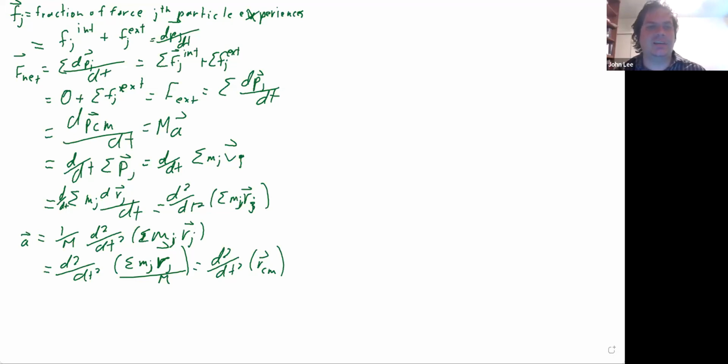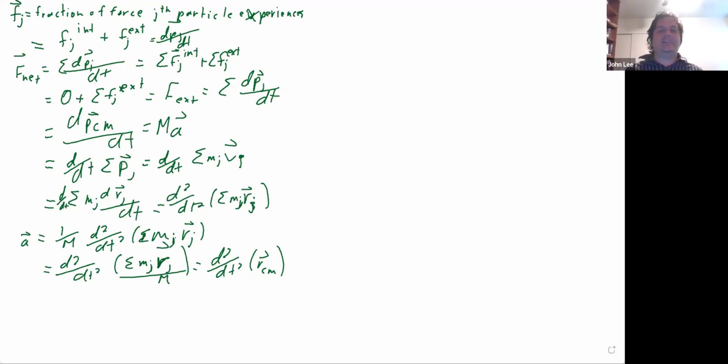So this is interesting, I think. This is why we can exclude internal forces when we're talking about Newton's second law, and why we can just worry about external forces, and why we only care about external forces when we're solving these problems.